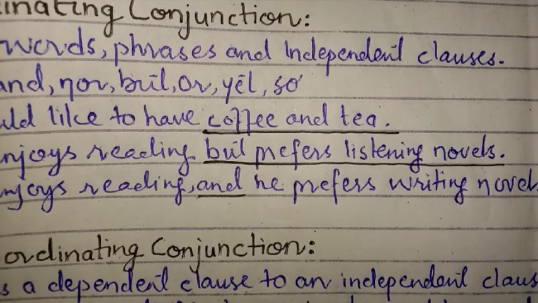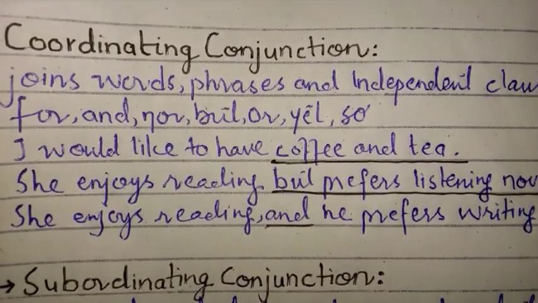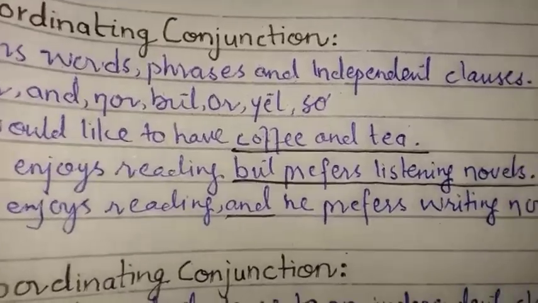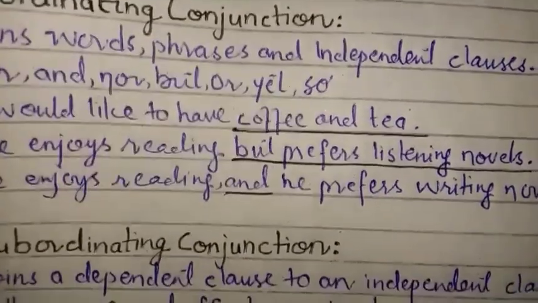So this phrase and our independent clause have been joined together with the help of a coordinate conjunction. But is our coordinate conjunction, prefers is our verb, which is a transitive verb, and listening to novels is the object of prefers.